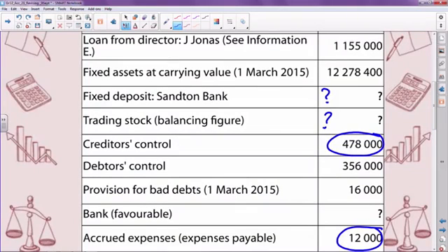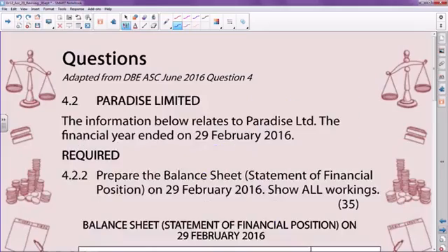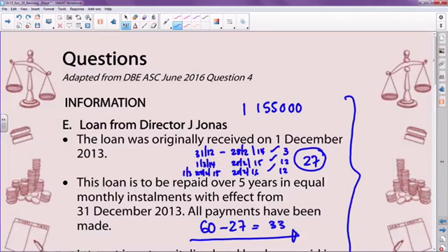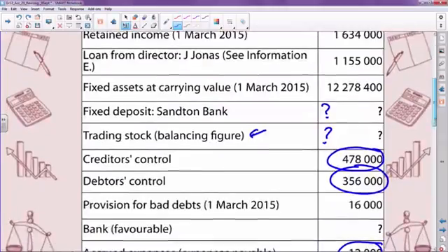Panic mode? Don't fear, Ashraf is near, that's right. If it's not given to me and they're telling me that it's a balancing figure, don't be perturbed, you'll get to it. But do I have debtors control? Certainly I have, 356,000. So let's start with what we have. 356,000 would be my trade and other receivables. Obviously, I need to see what other information I've got with regards to trade and other receivables.